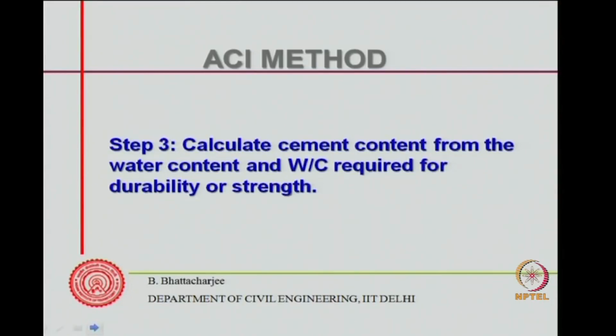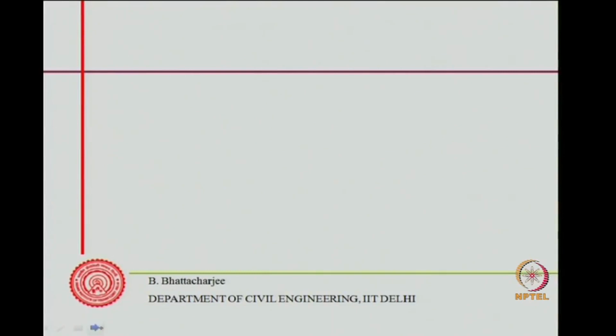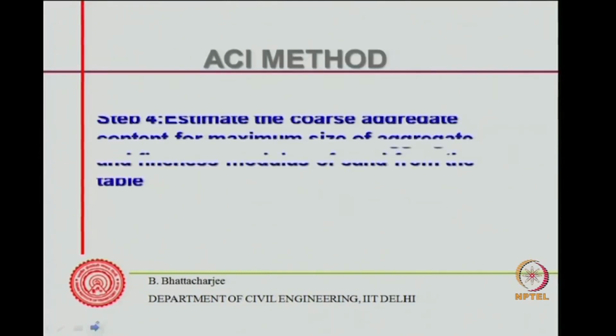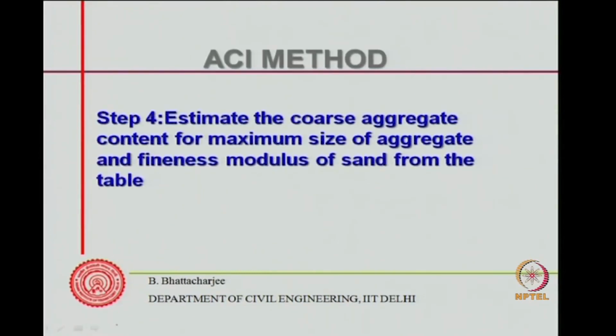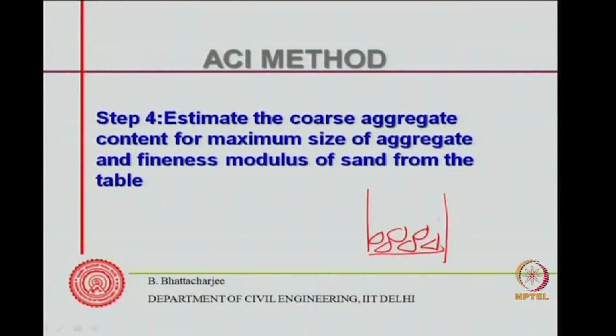Wet density is also similar, but here what is done is you find the dry rodded density of the aggregate. That means you pack the coarse aggregate in 3 layers, and because the volume of the container is known, you find how much the mass is.